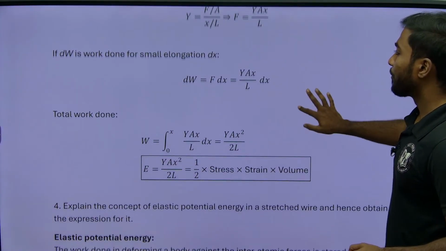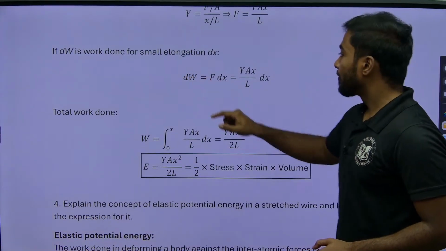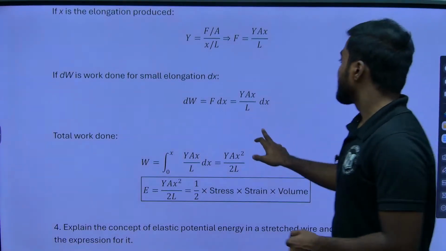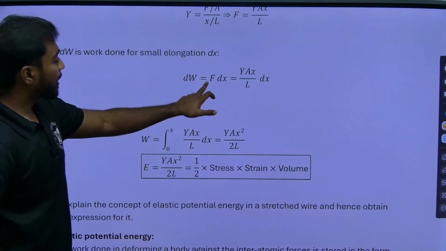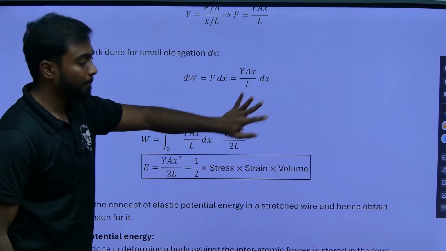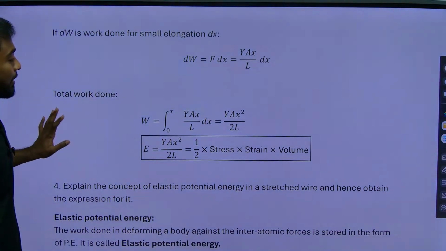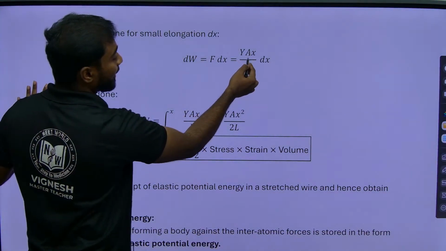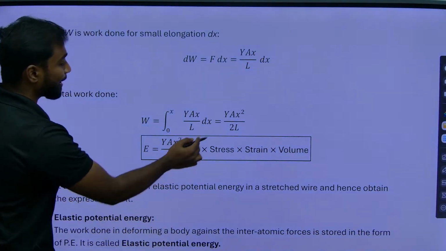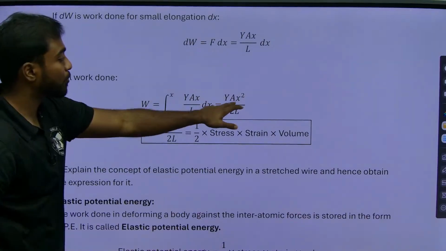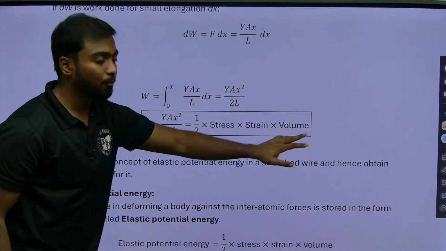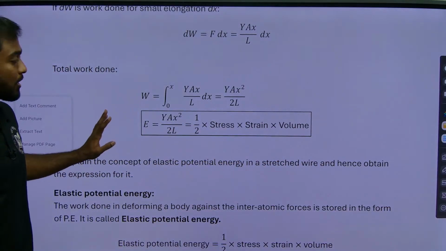Now the work done for a small elongation dx: we know the force, so work done is F into dx, which is nothing but YAx by L into dx. Young's modulus, area and length will be constant and x will change. If we integrate x with respect to dx, we get x squared by 2. So we get 1 by 2 into stress into strain into volume. This is how we get the equation.